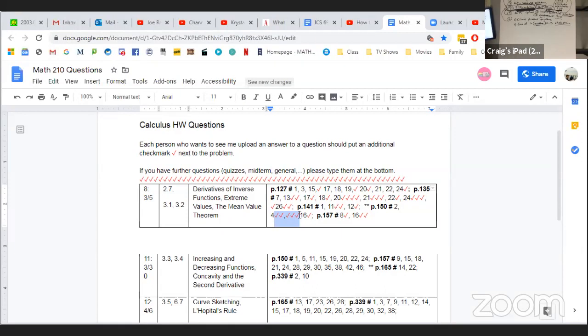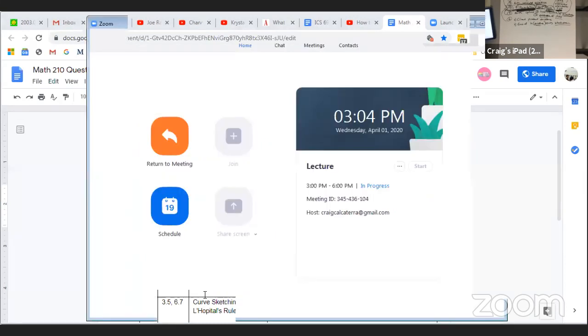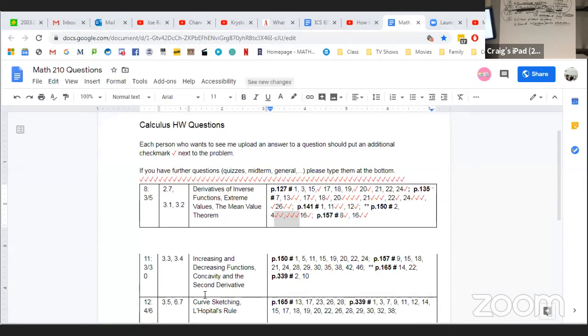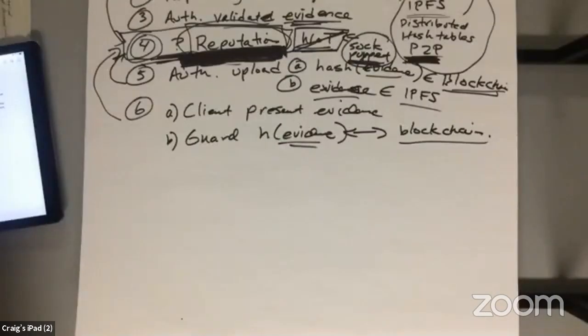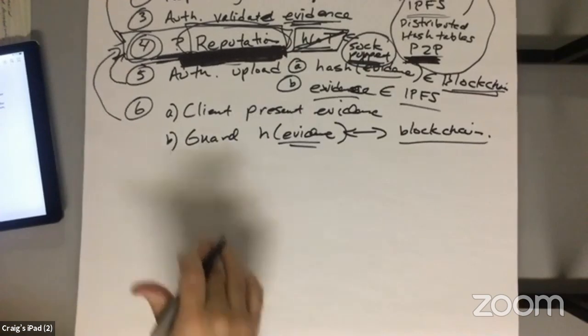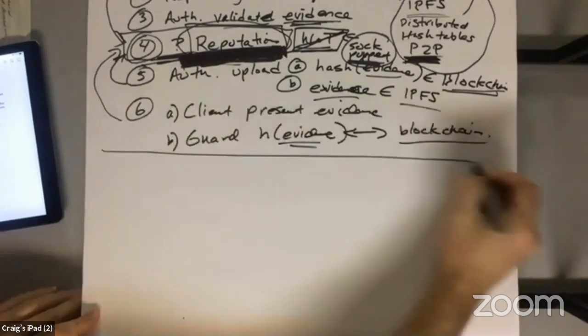So the basic example, let me switch back to my other screen now. The basic example where that is good.